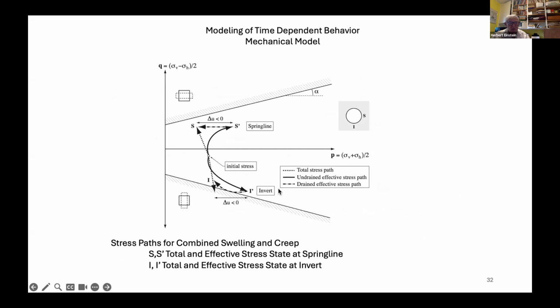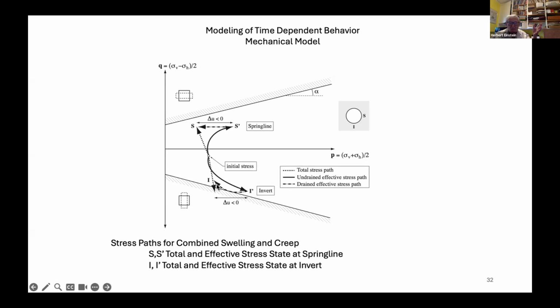The mechanical models, this is what Belval developed in his thesis. Again, you see this pure shear behavior. And now it's very interesting what happens. So we have this unloading in this invert here. And as we do that, we get negative excess pore pressure. And then let it sit. And then as the pore pressures increase back, then we get this curve here.